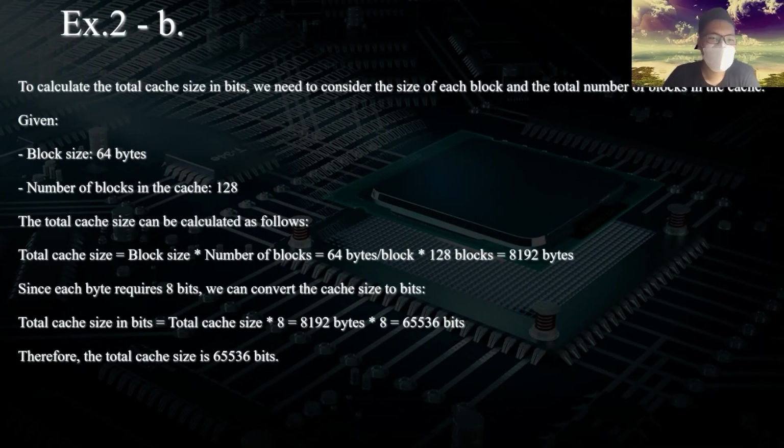Exercise 2, part B. To calculate the total cache size in bits, we need to consider the size of each block and the total number of blocks in the cache given. Block size is 64 bytes. Number of blocks in the cache is 128. The total cache size can be calculated as follows.